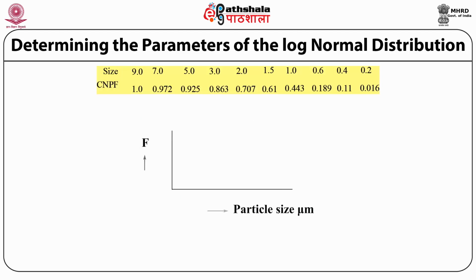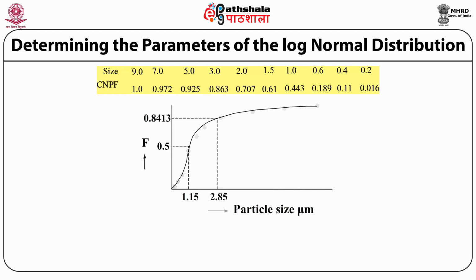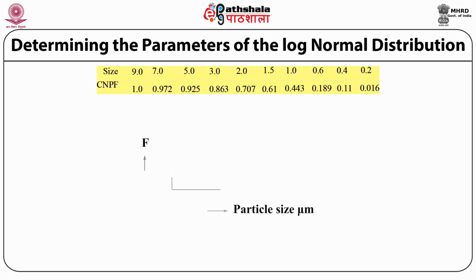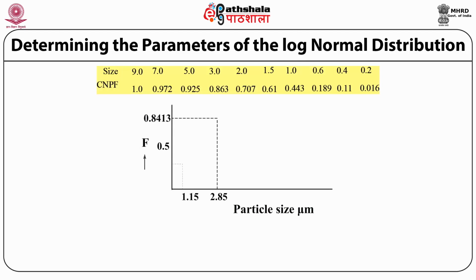The geometric mean mu g is the value of d corresponding to 50% value of the CNPF. From this figure, this is 1.15 micrometers. The value of geometric standard deviation sigma g is obtained by taking the ratio of the values of d corresponding to CNPF, which is 84.13%, and the mu g.